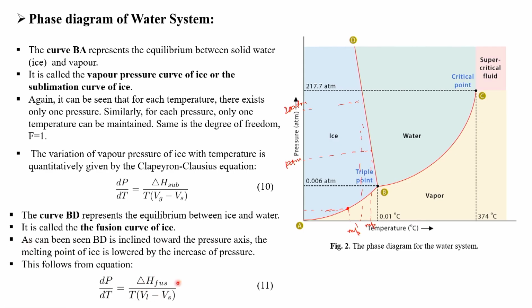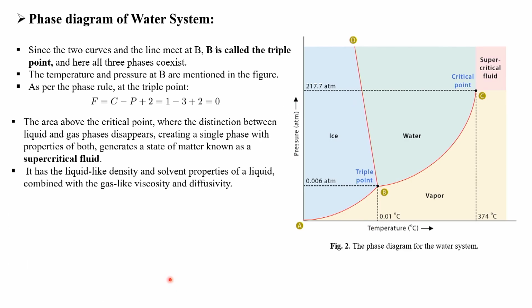Again we use the Clausius-Clapeyron equation. For ice and water, the equation will be dP by dT equals delta H fusion by T times the change in volume from liquid state to solid state, VL minus VS. Since the two curves and the line meet at point B, B is called the triple point.